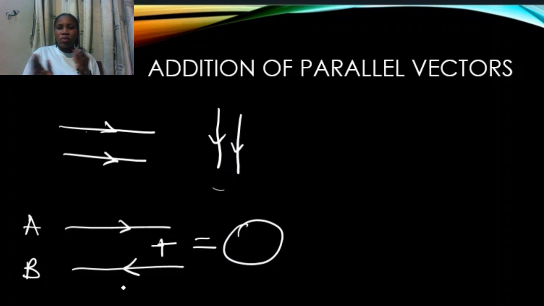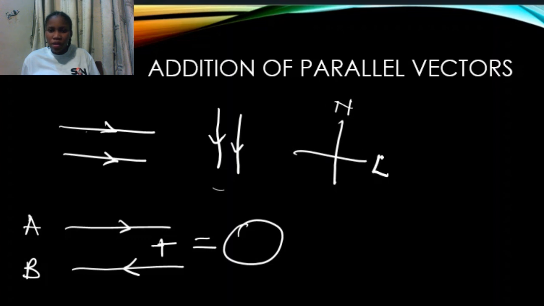Their direction will just show whether they are moving in the same direction or in opposite directions. They can be moving either to the east, to the west, to the north, to the south. That's when you are considering it with the cardinal points, the north, the east, the south, and the west. We can consider them in this form. But when adding them, one thing you really have to note is their direction. Yes, their direction really counts.